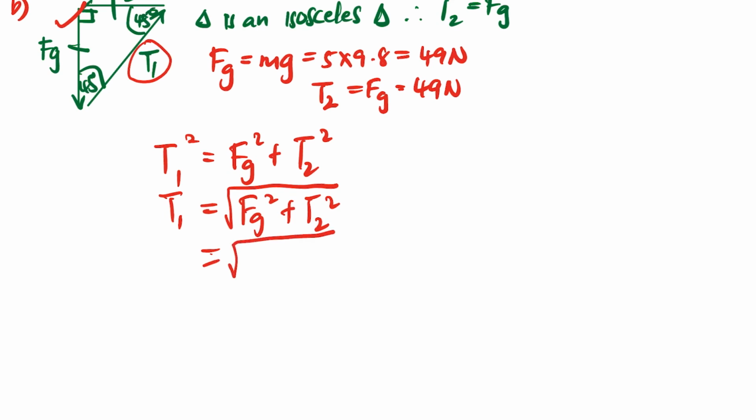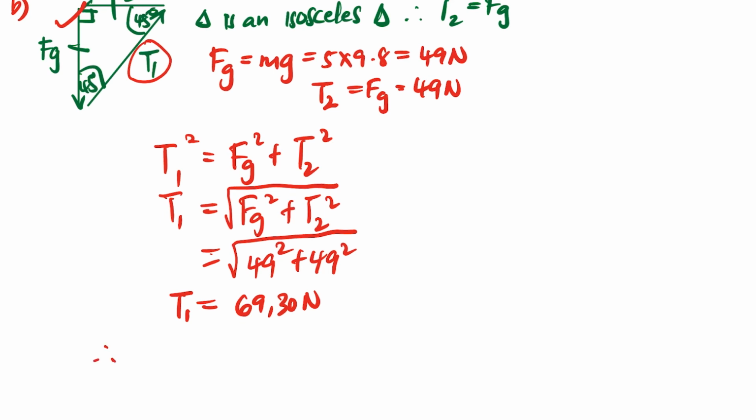Now the gravitational force and T2 are both 49. Remember, they are equal. So if you punch that in the calculator, the answer will be 69.30 newtons. So this is T1.